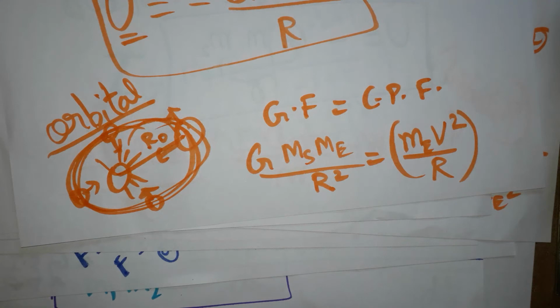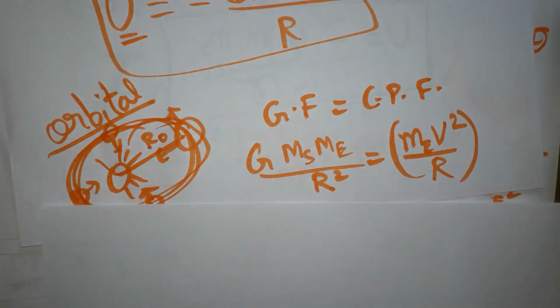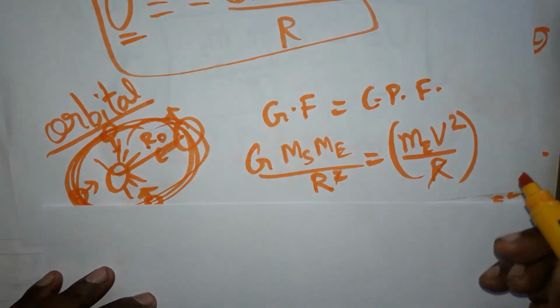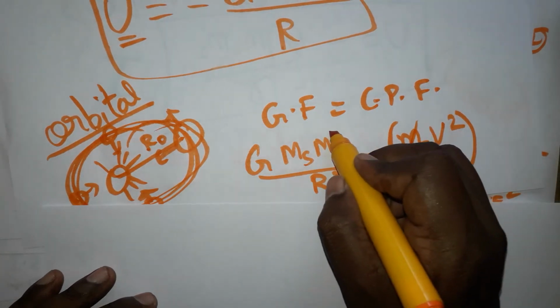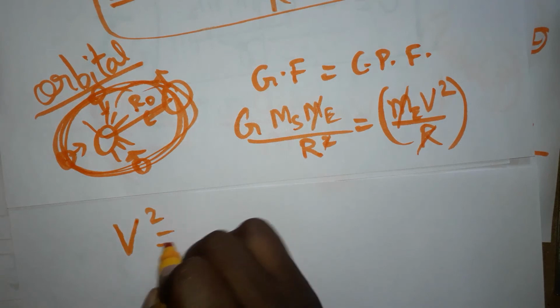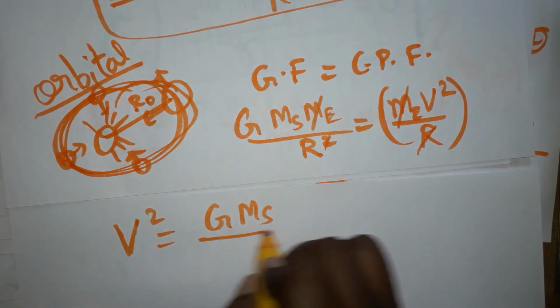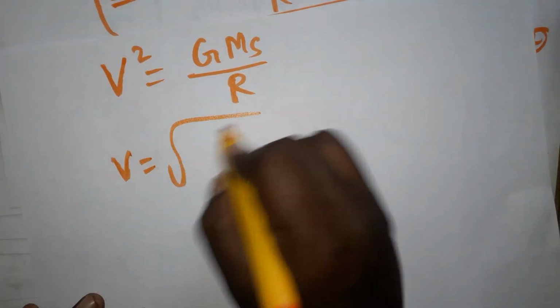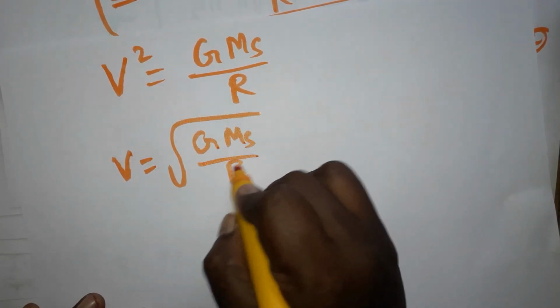In this equation r gets cancelled, and the mass of the earth gets cancelled. So v squared is equal to G times mass of the sun divided by the radius, so velocity is the root of G Ms divided by r.